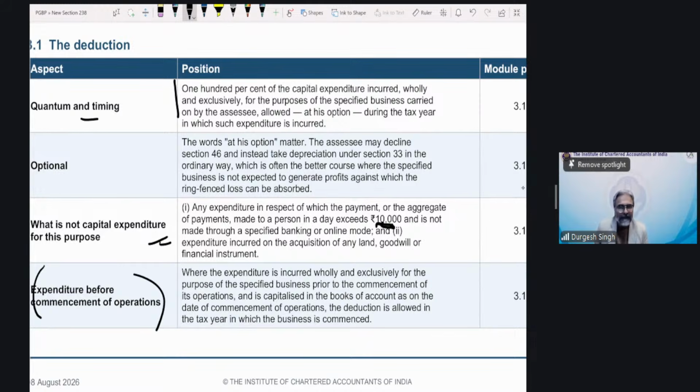The reason is very clear, students: these are highly intensive investment sectors. For example, a hotel. Hotel is also covered in section 46. Now construction of a hotel will take time, and only after the hotel is fully constructed will I commence my business.